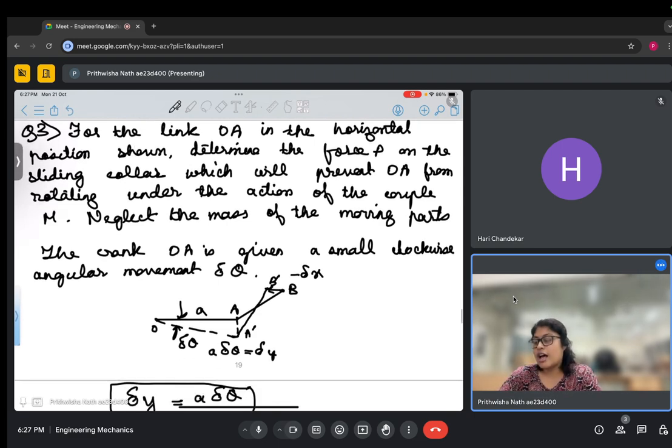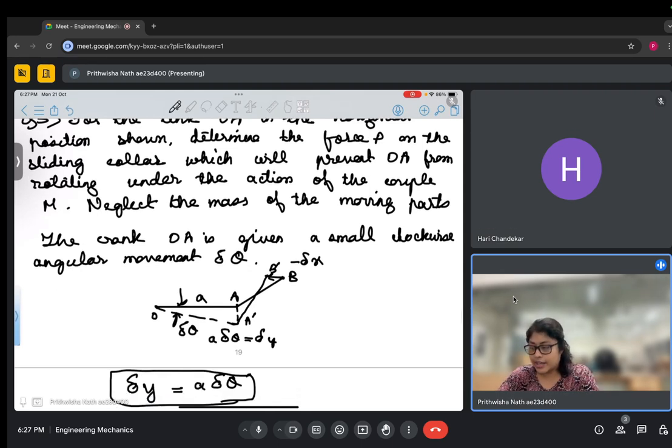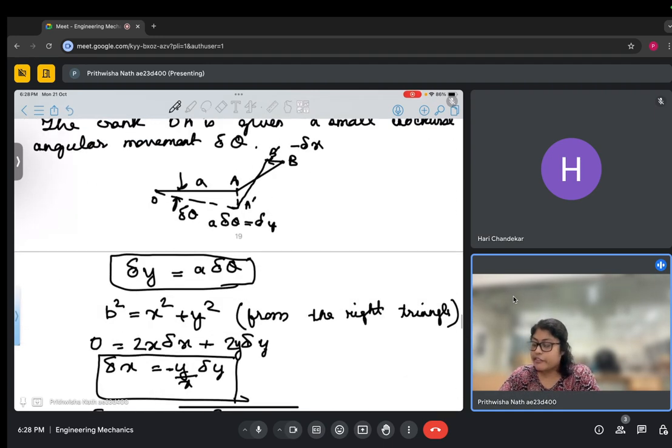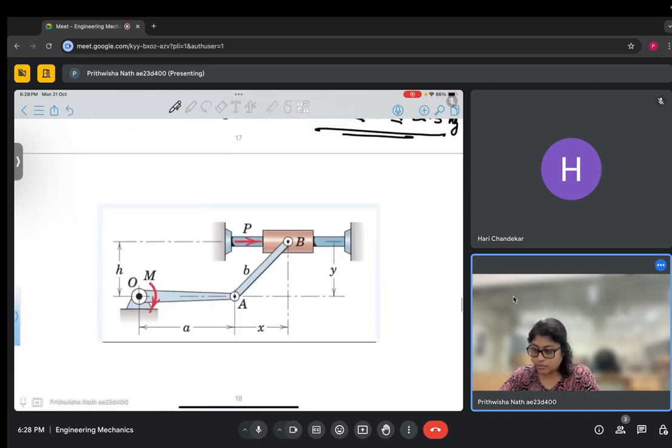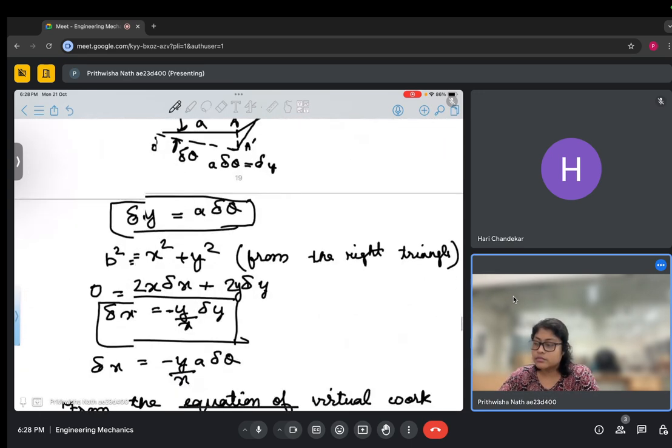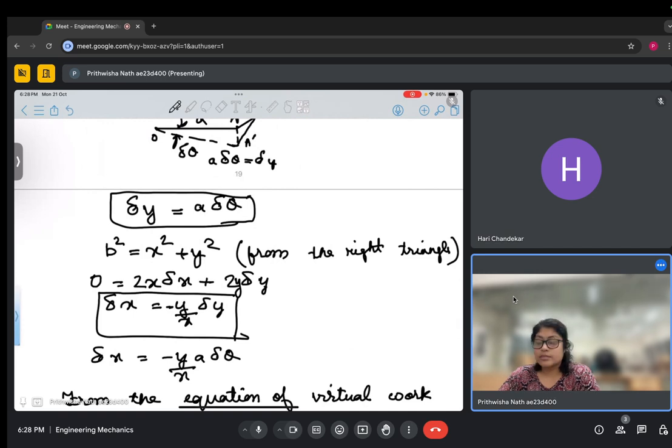Now what can I write about delta theta? Delta y is nothing but a into delta theta. And from this triangle we can write b square equals x square plus y square. So we write this equation and then differentiate it, and the left hand side of this equation becomes 0 since b is constant.